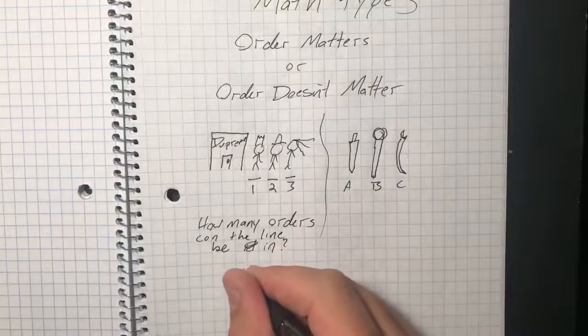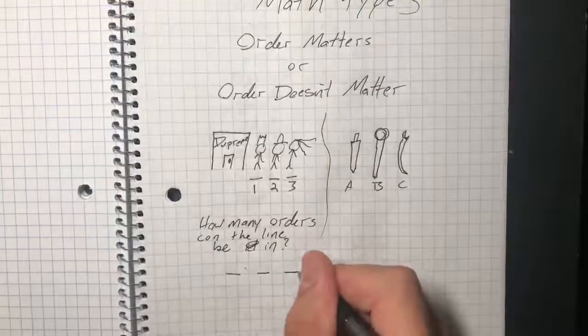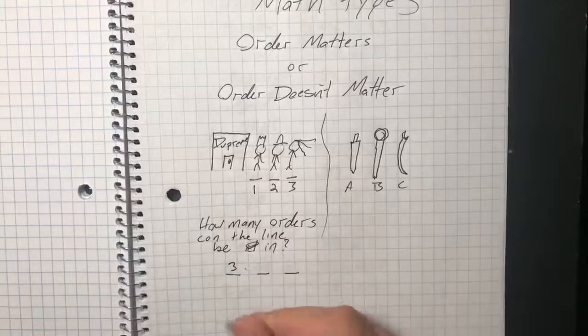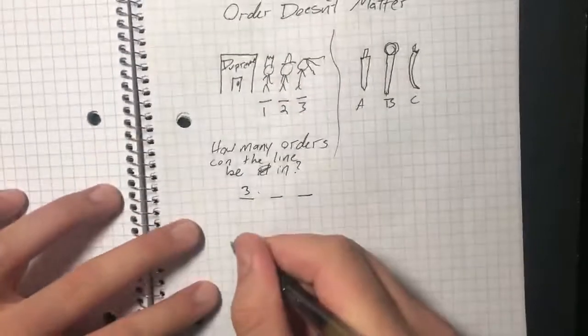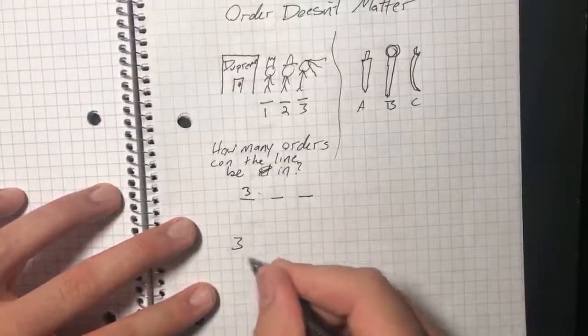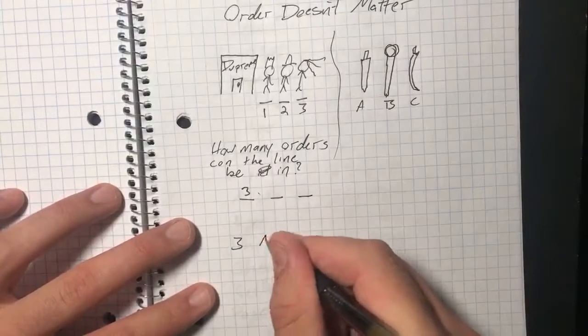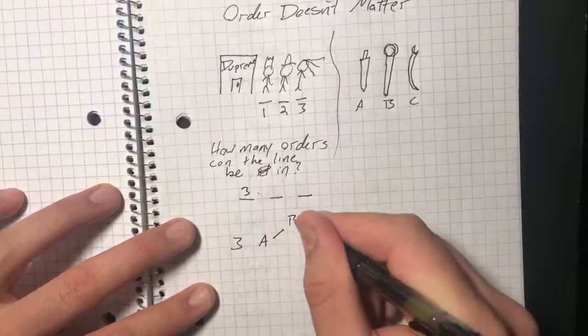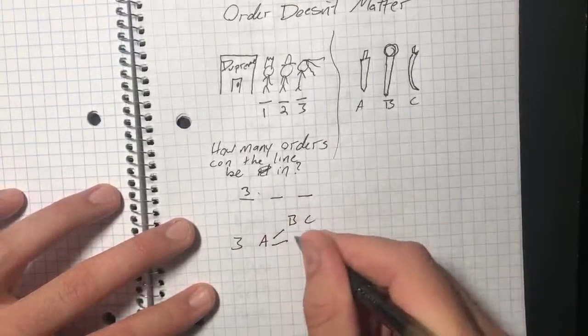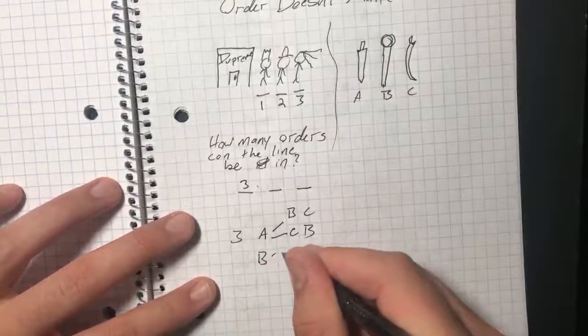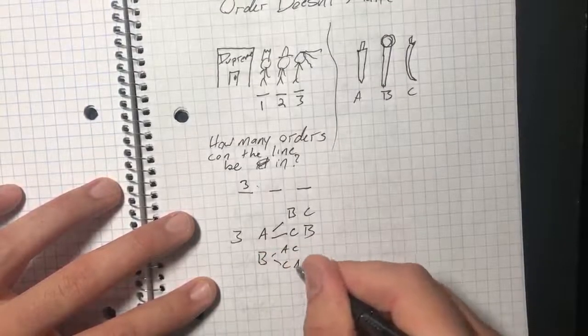Because looking at the 3 places in line, there could be 3 potential people to be in the first place. And looking at this like a chart, it totally makes sense. Because if the first person is A, then it could be BC or CB. If the first person is B, it could be AC or CA.